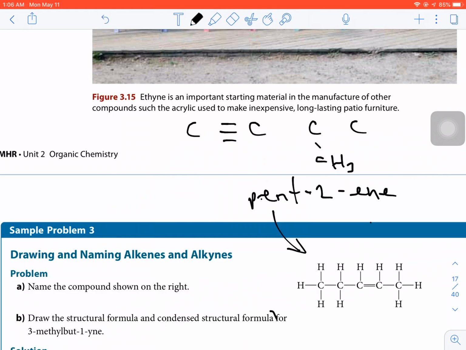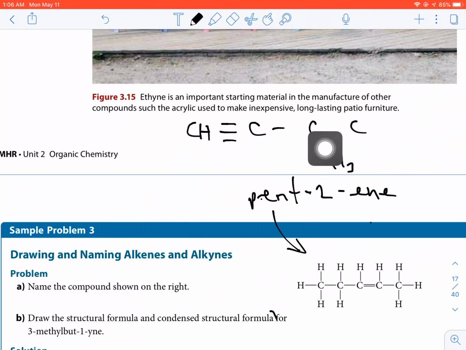The first carbon has 3 bonds, so it needs 1 hydrogen. The next carbon, okay, let's have a look here for a minute. This carbon here, it has 3 bonds here and 1 bond here. It already has 4 bonds. It doesn't need any hydrogens. All 4 of its electrons are being used, so it needs no hydrogens.